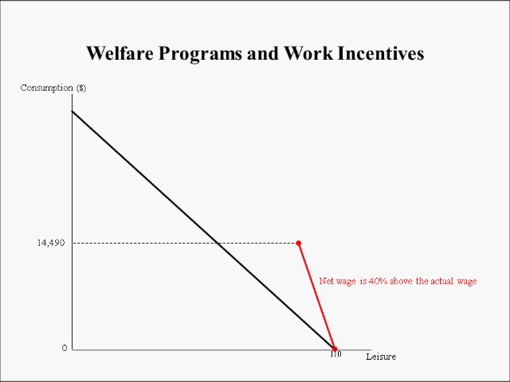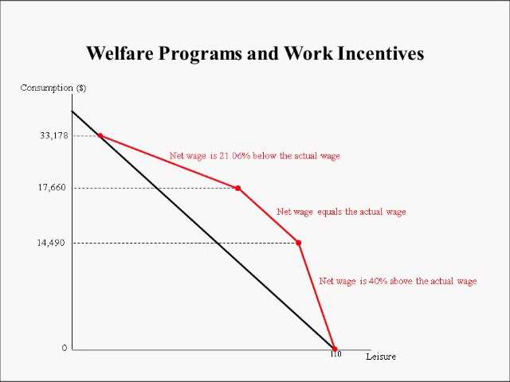And that continues up until you get to income levels of $14,490. From $14,490 up to $17,660, the net wage equals the actual wage. So essentially what's going on here is the government's just giving you a straight up transfer. Then from $17,660 until your income gets to $33,178, the Earned Income Tax Credit program works as kind of like a benefit reduction rate.